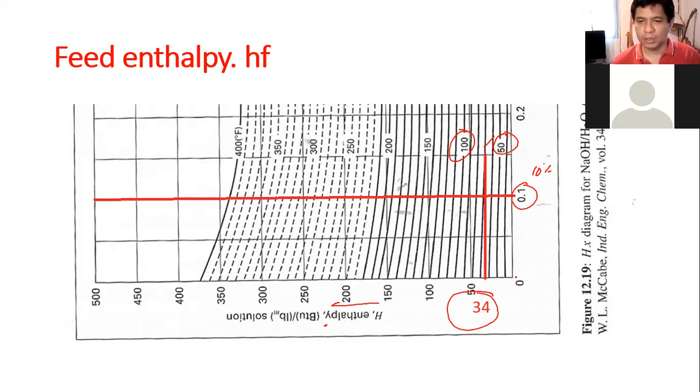Kasi this is 0, then this line is 50. You just use a ruler. Tapos, tingnan nyo kung ilang centimeter o ilang millimeter to. Basahin nyo kung pang ilang millimeter itong red line na to.